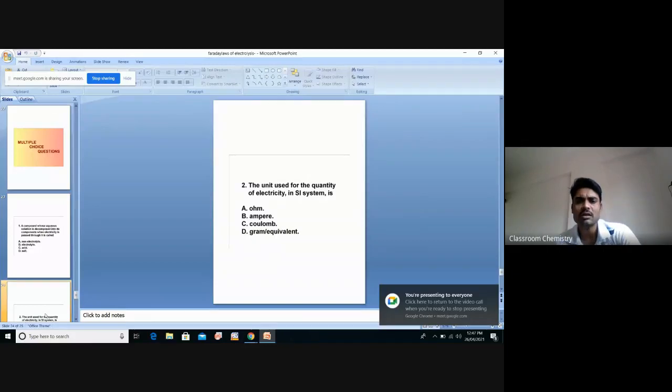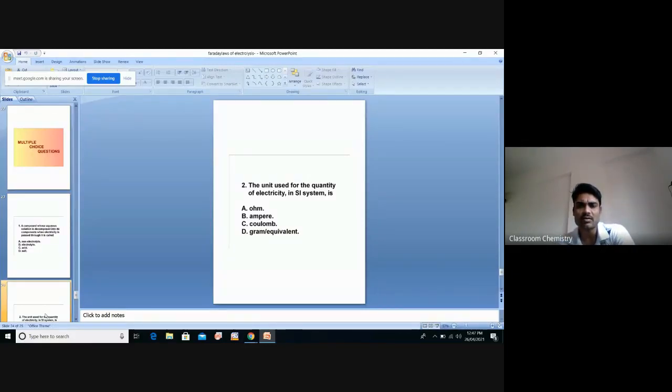Now the second question: the unit of the quantity of electricity in SI unit.